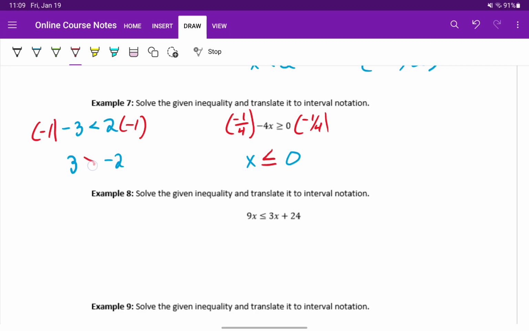So what we have to do is flip the direction of that inequality statement in order to maintain the truth of the original statement. So if we multiply or divide both sides of an inequality by a negative number, then we need to flip the direction of that inequality symbol, and we can represent, in this case, our interval solution as -∞ to 0 with a closed bracket at 0.